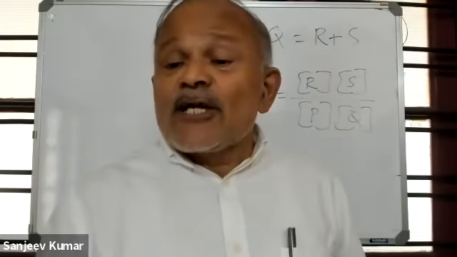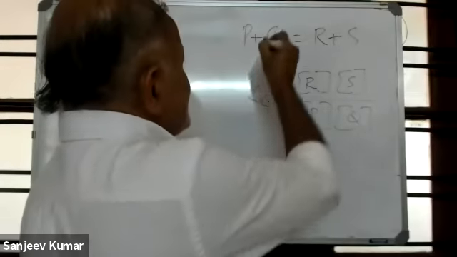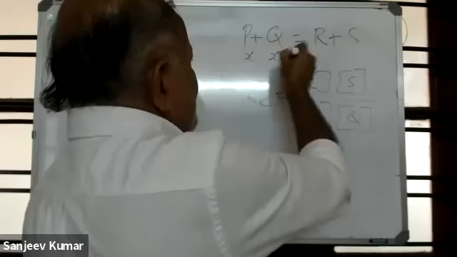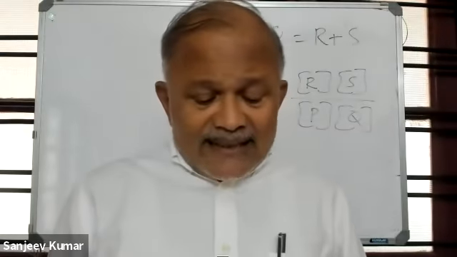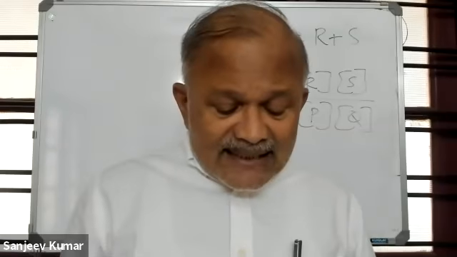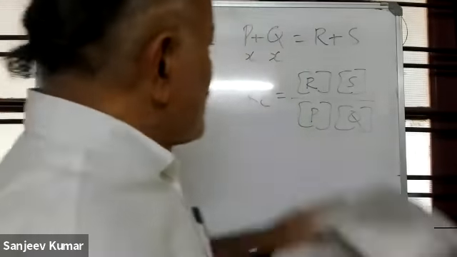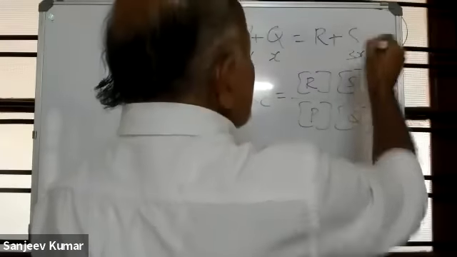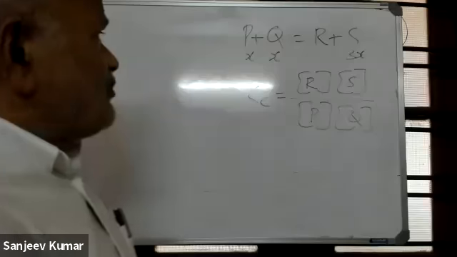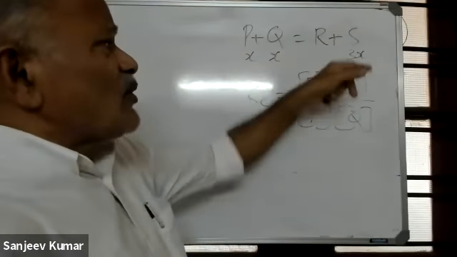That is, the equilibrium concentrations of P and Q are equal. Let it be x mole at equilibrium and x mole of Q at equilibrium. And the concentration of S is 3 times the equilibrium concentration of Q. If the concentration of Q is x, the concentration of S is equal to 3x. Definitely 1 mole of P reacts with 1 mole of Q to give 1 mole of R and 1 mole of S.